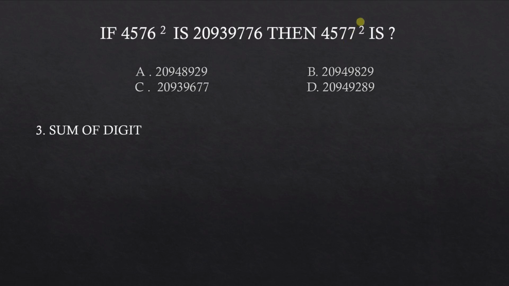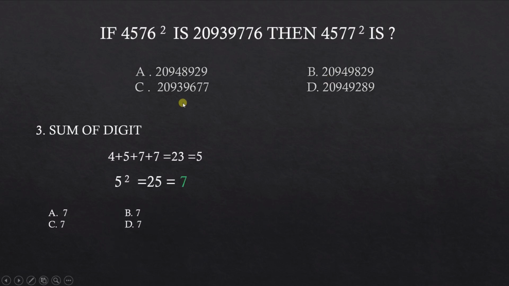The sum of digits of 14 is 5. 5 square is 25, so the answer's sum of digits should be 7. By analyzing all the options, we are getting the sum of digits 7 for all of them. So we cannot use this method for finding the solution.